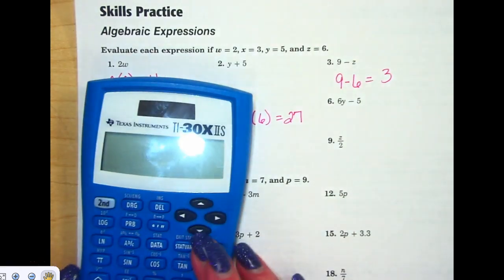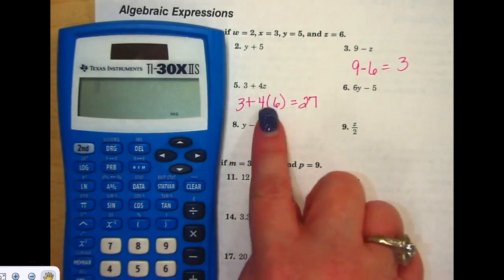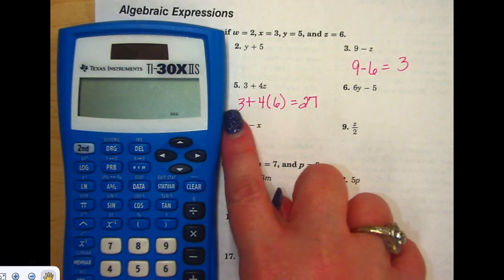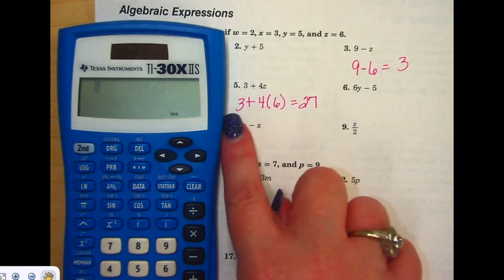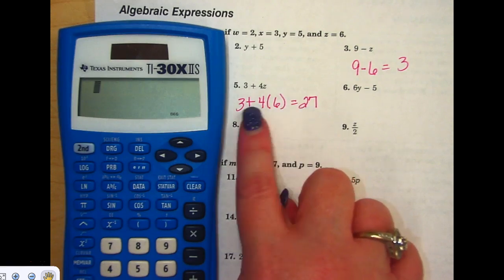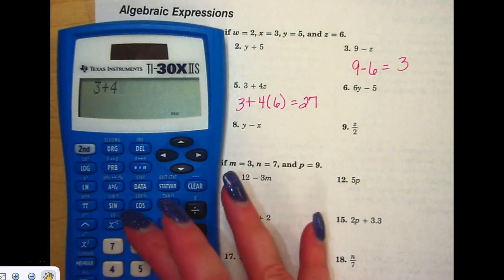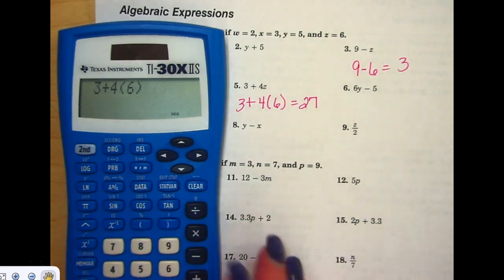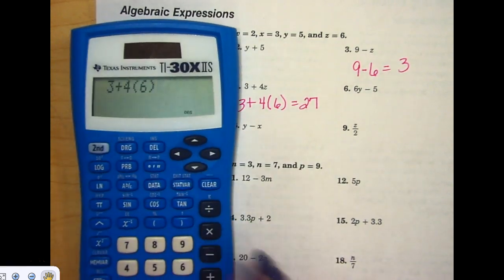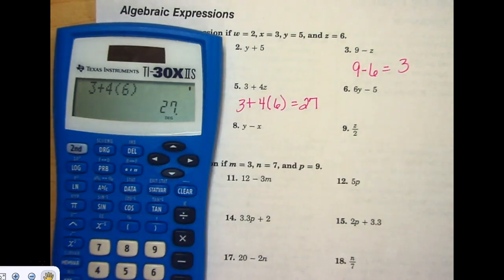So, these calculators know order of operations. So this problem you should put in just like this, 3 plus 4. Try it with the parentheses so that you can practice problems like that. 3 plus 4, parentheses 6. That's just how we wrote it. Equals, it's 27, we got 27.